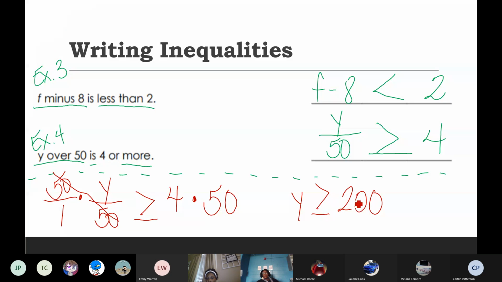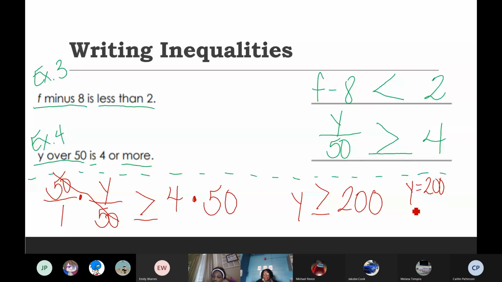I just did it with the rule of 0. So 4 times 5 is 20. Then I want to add a 0 because 4 times 50 would be 200. I just added a 0 to my product. So y is greater than or equal to 200. Make sure you're writing down everything Miss Neville is. So could y be 200?